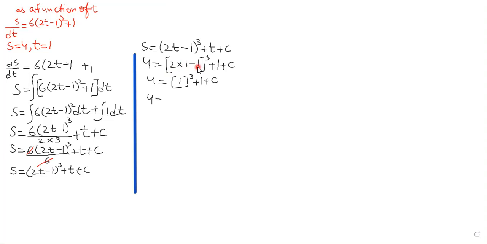So 4 equals 1 plus 1, which is 2, plus C. So the value of C is coming 2 over here.